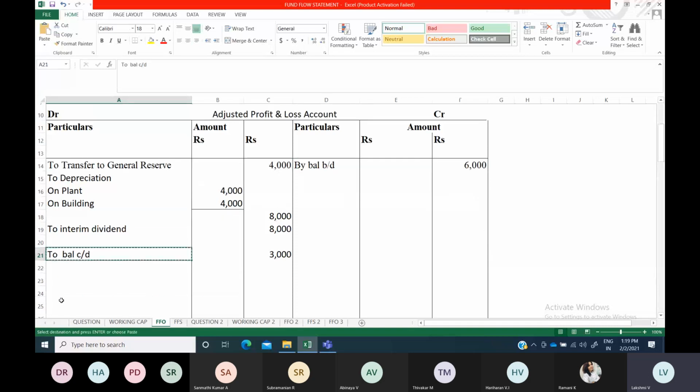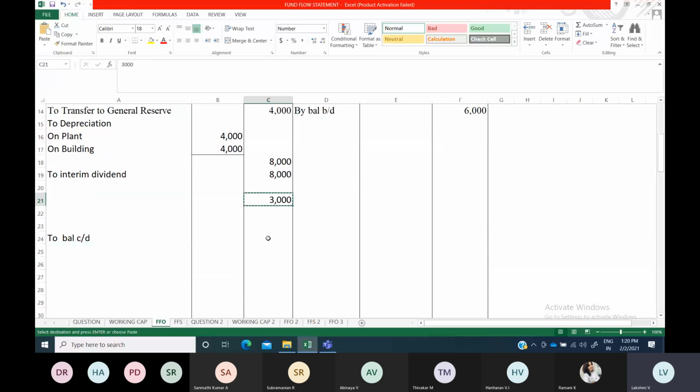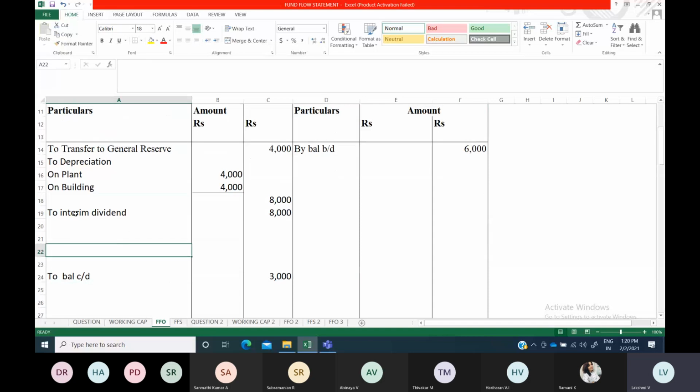Leave some space and write your closing balance.